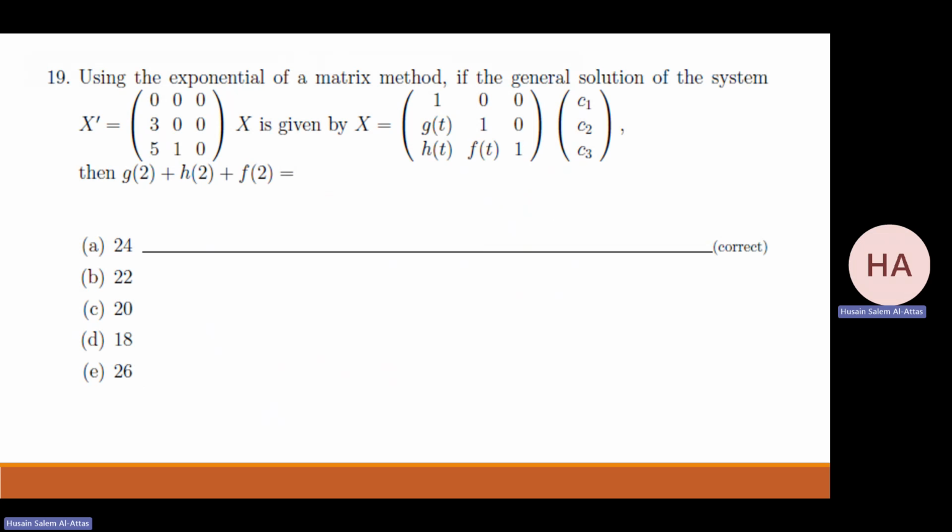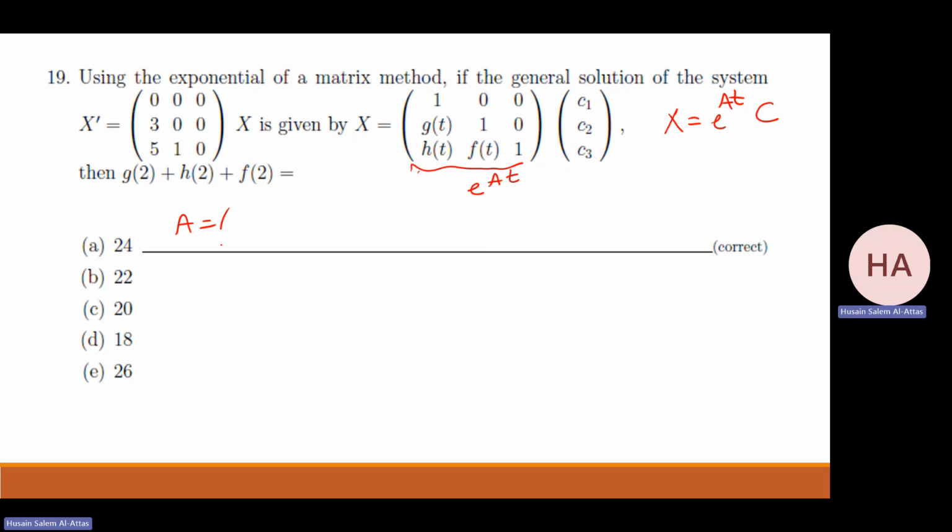Using the exponential of a matrix method, if the general solution of the system is this, then I know the solution is e to the At times the constant vector. So this is my e to the At, and I need to find that.